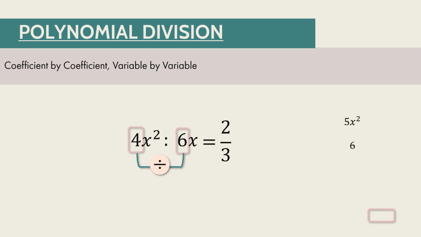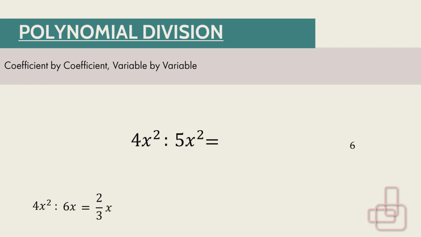And next we divide the variable parts, x to the power of 2 divided by x equals x. So 4x squared divided by 6x is equal to 2 over 3x. You get the idea now? Coefficient by coefficient, variable by variable.